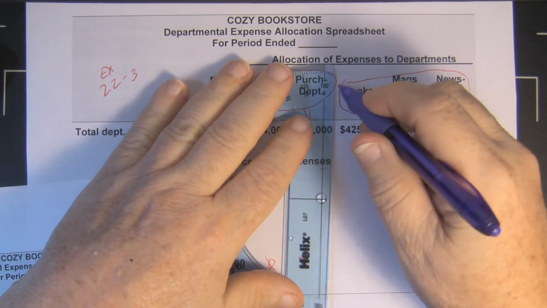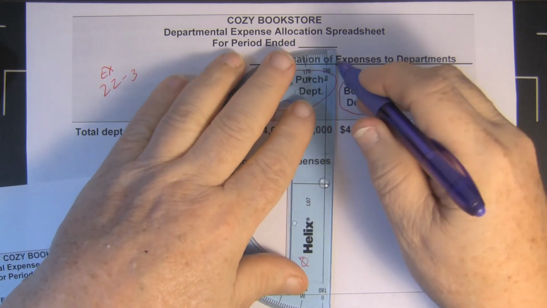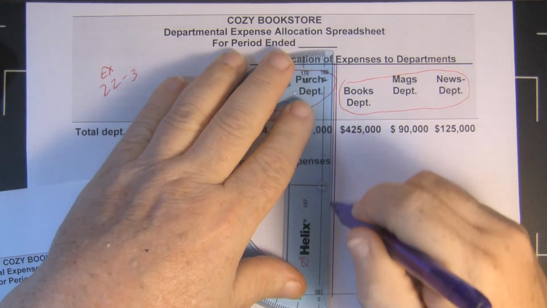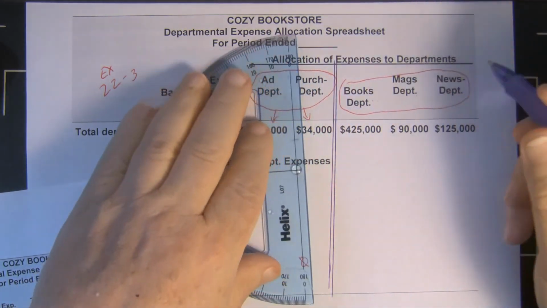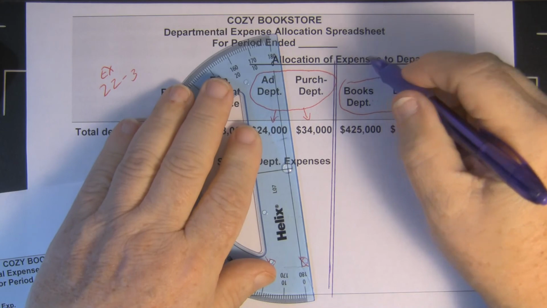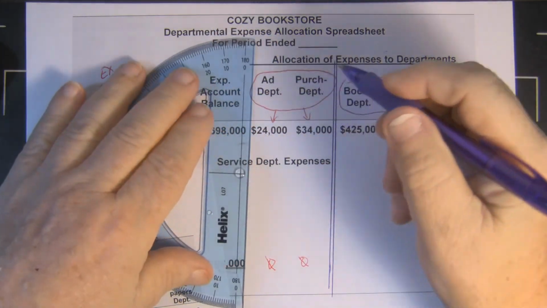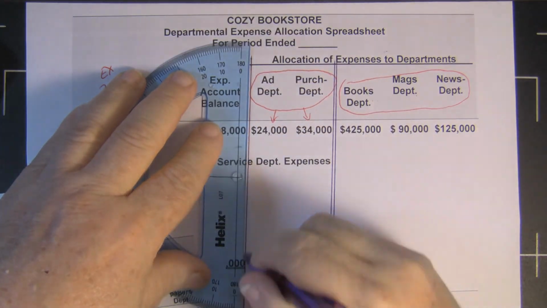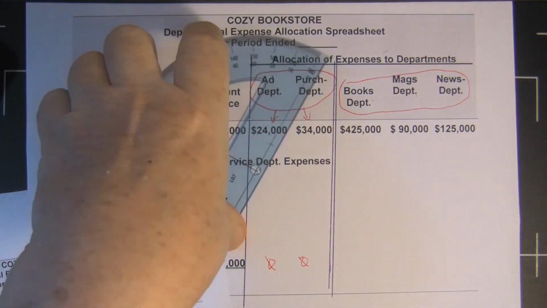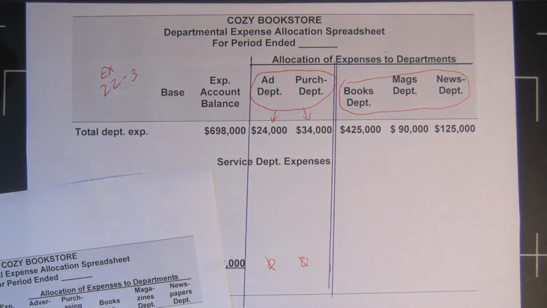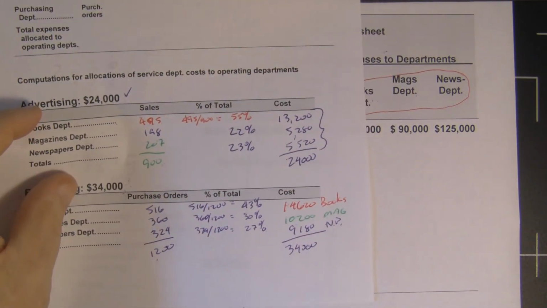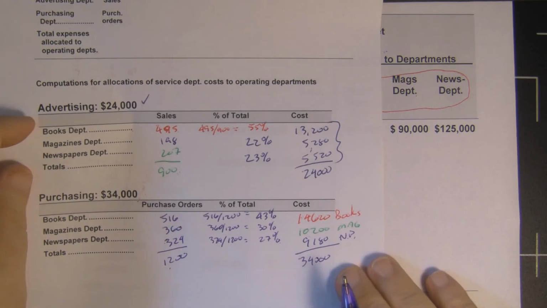I'm just going to separate out these departments. Remember, these are functional departments. They generate revenue. These are service departments. So we're going to allocate those expenses to the functional departments from the service departments.